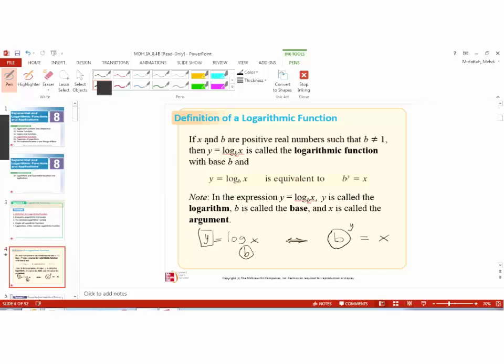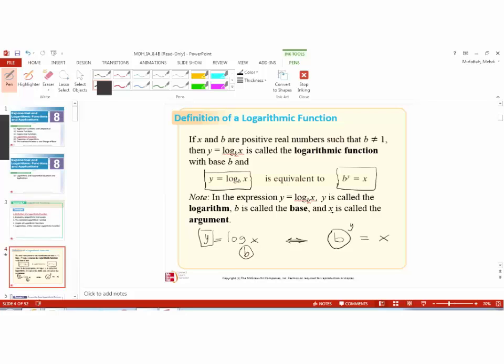So let's just read this definition here. If x and b are positive real numbers, such that b cannot be equal to 1, then y is equal to log of x with the base b is called the logarithm function with the base b. So if y is equal to log of x with the base b, this is the same as saying b to the power of y is equal to x.